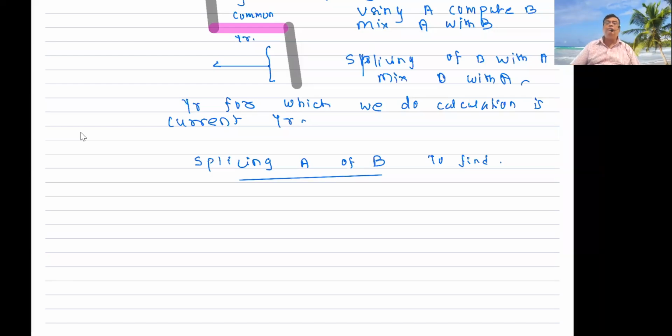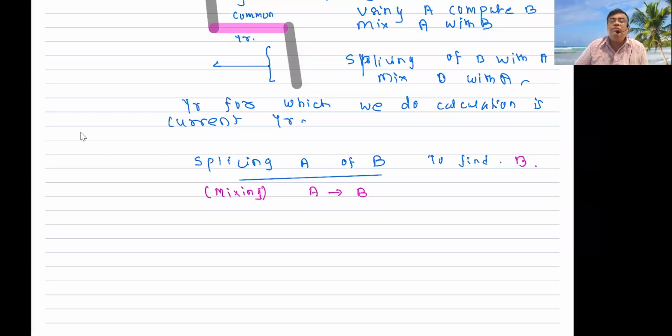Finding A or B? Remember, splicing means mixing. When you put A in B, that means you find B.